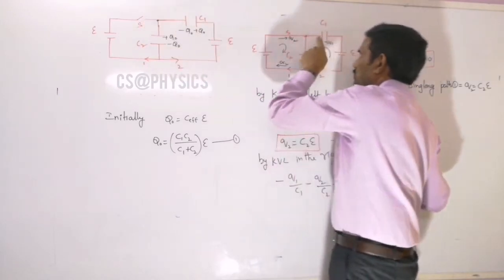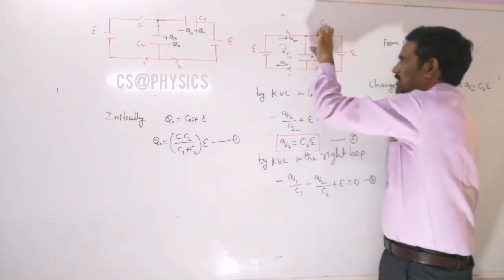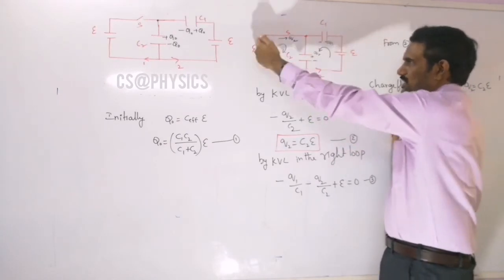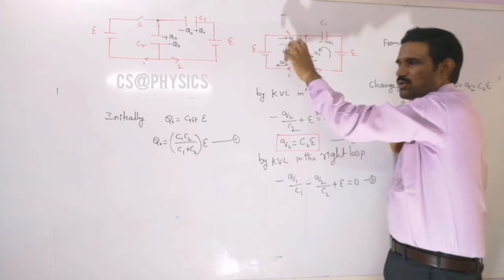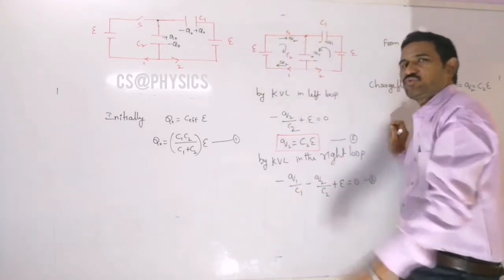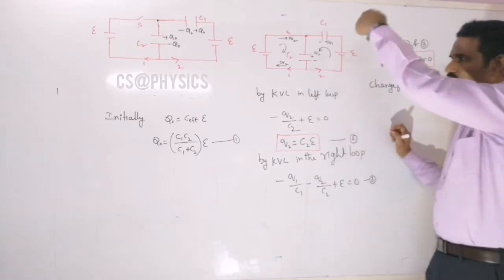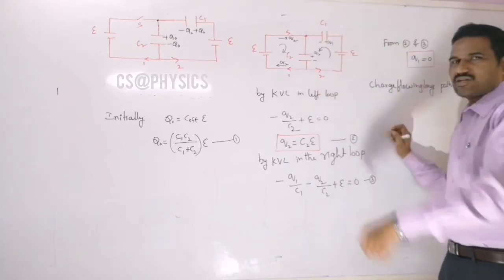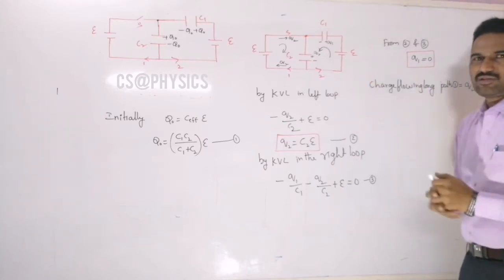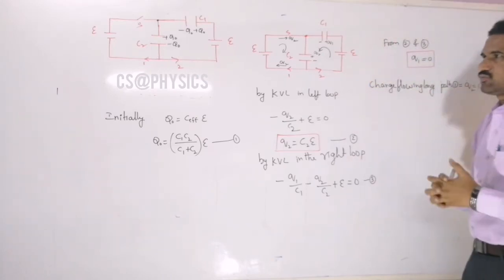But the final charge on that junction is Q2, and there is no chance of getting the charge for these two plates from this side. That charge should come only from this side. So that indicates this positive terminal is supplying a charge of Q2, and the same charge should enter the negative terminal. That is our charge conservation. So that is the charge flowing along path 1.